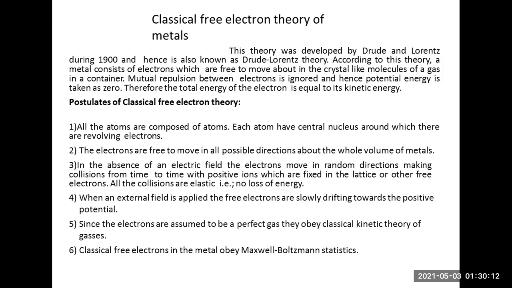How does the electron behave inside the solid, and how will the character of that particular metal change when the electron is traveling inside the crystal? That basic theory was developed by Drude and Lorentz during the 19th century, and it is known as the Drude and Lorentz theory.